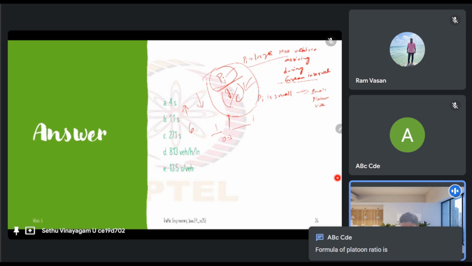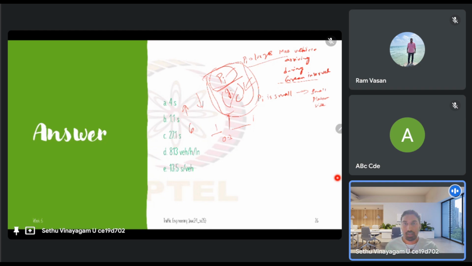Yeah, so that is what I have written here. This is the formula: Pi divided by Ga by C. Pi is the proportion of vehicles arriving during the green interval.